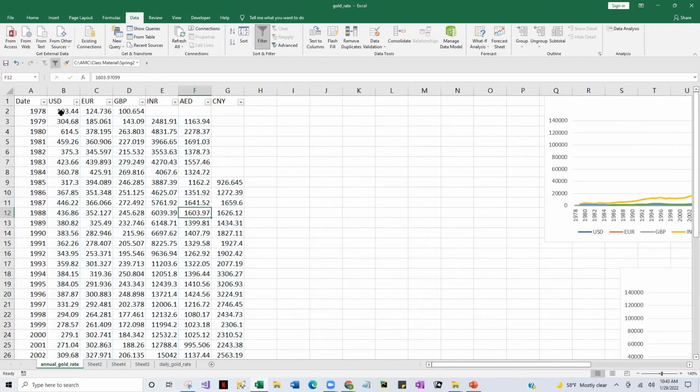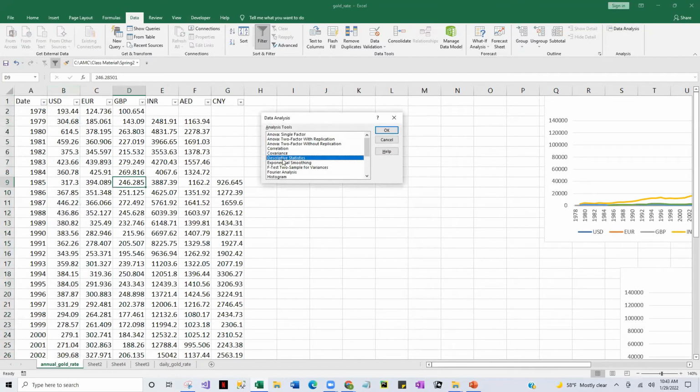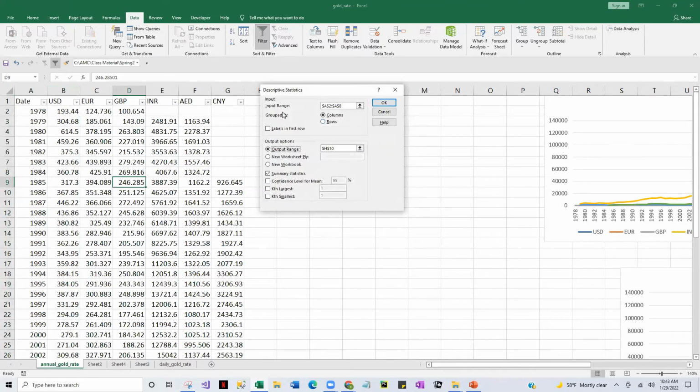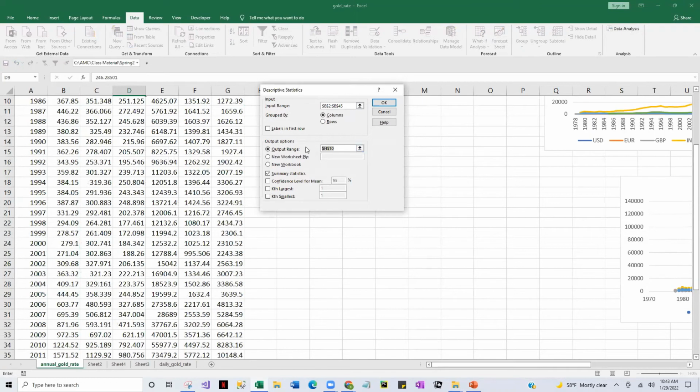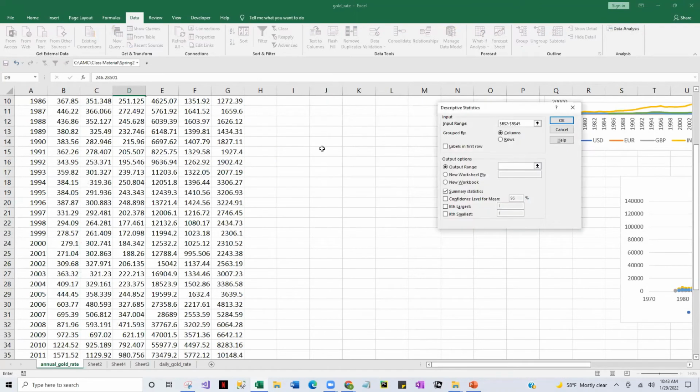So let's do it for this one. Let's say I'm going to do it for the US dollars. I just want to know how the data is here for column B. So what I'm going to do is I'm going to click data analysis and I need the descriptive statistics. I'm going to click OK. And my input range, I'm going to take from here. This is my input range. And my output, I'm going to give somewhere here.